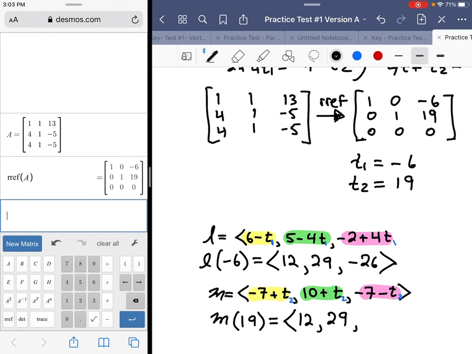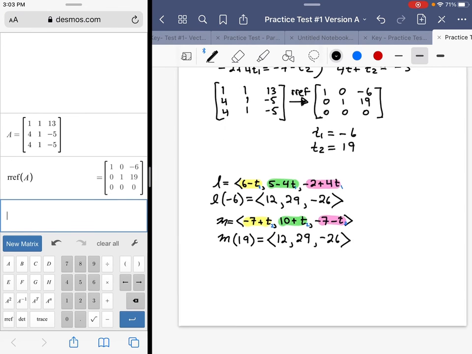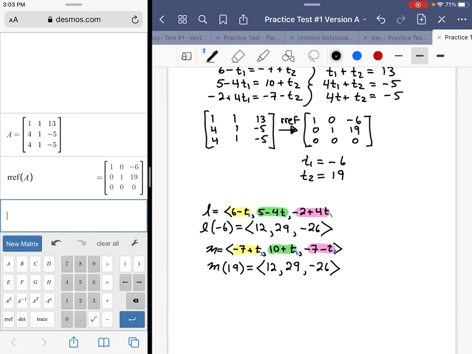And then -7 minus 19 is also -26. All right. So they both point to the same vectors. Those vectors terminate at a point, the intersection, which would be at (12, 29, -26).